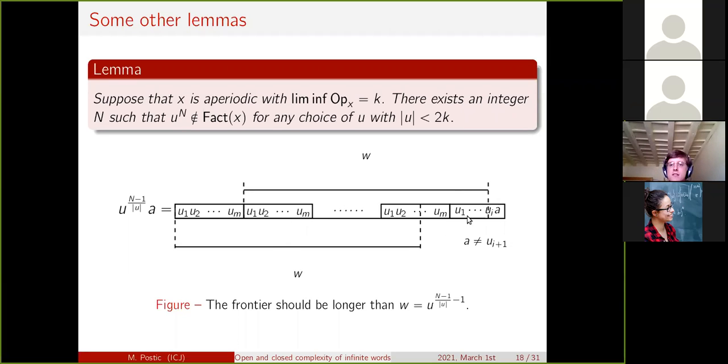So this word is open, and now if you put anything you want after it and you delete the U1, you can do the same thing and it's still going to be open, and so on. So if you had U to the power n with U big and n big, you would have a problem, because you would be able to construct a lot of open words that you don't want.